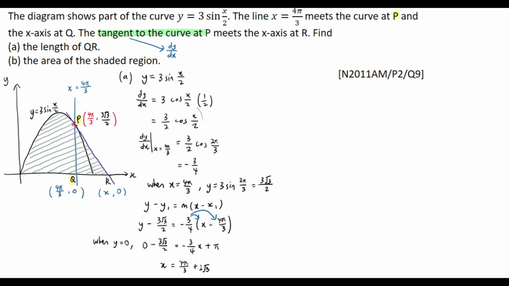So that's the x coordinate of R. So with that, to find the length of QR, I'll have 4 pi over 3 plus 2 root 3 minus 4 pi over 3, which is the coordinate of Q. So I'll have 2 root 3 units.